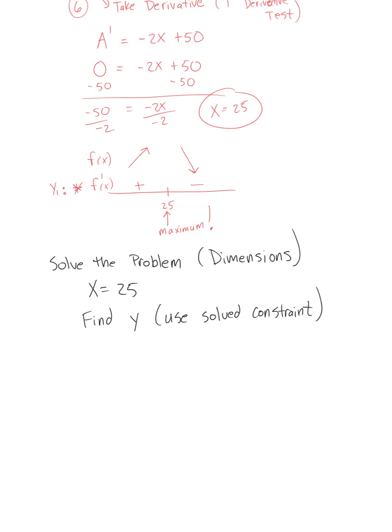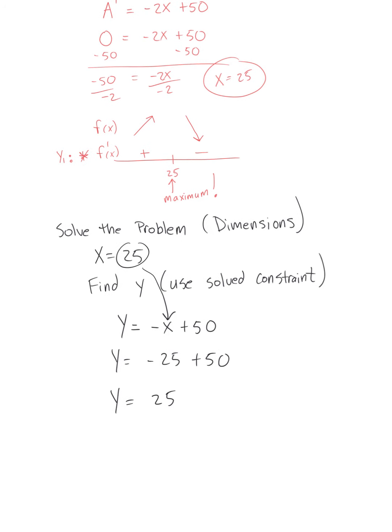My solved constraint is y is equal to negative x plus 50. So I plug this x right in here. y is equal to negative 25 plus 50. So my y is equal to 25. So those are my answers. My dimensions are x is equal to 25 and y is equal to 25.